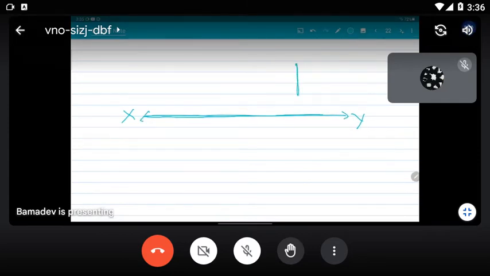You draw the vertical trace first. Draw a projector from here.